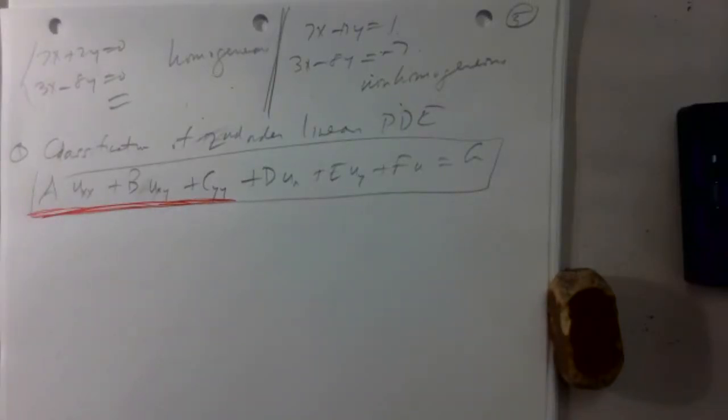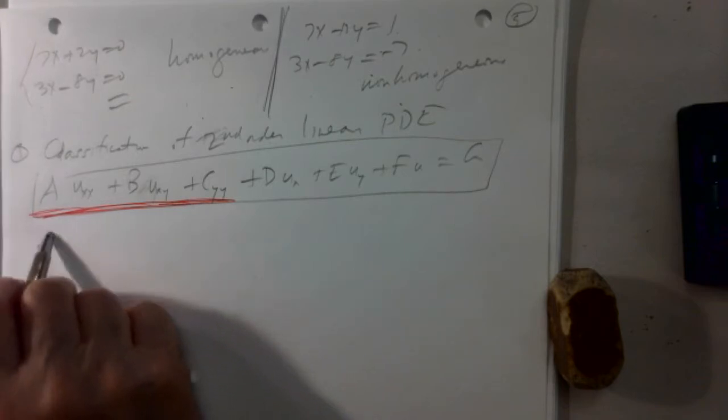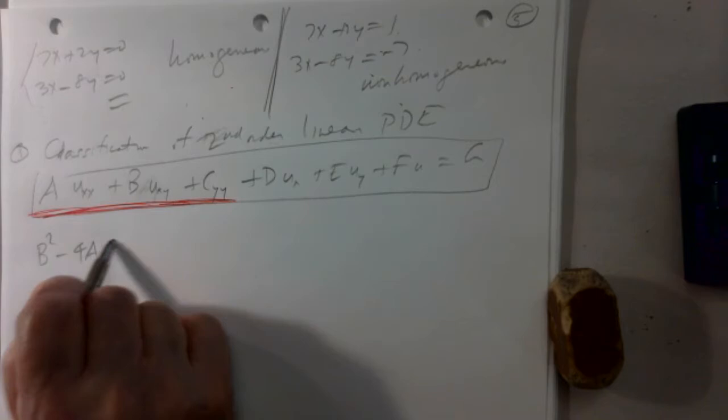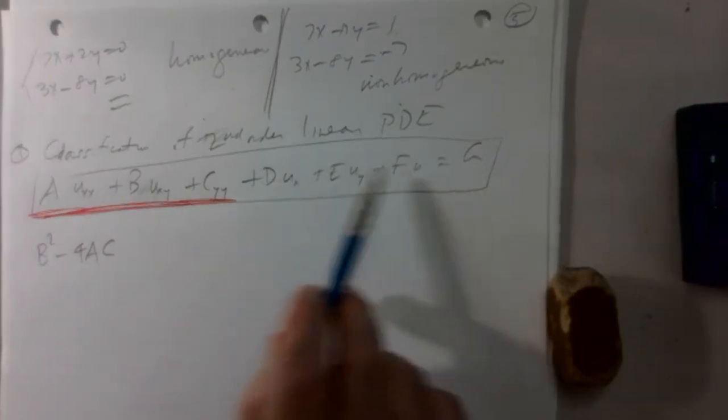Now, this is going to be related to what you learned in elementary school or high school or somewhere when you solved a quadratic equation. If you had a quadratic equation, ax squared plus bx plus c equals 0, you looked at what's called the discriminant, b squared minus 4ac. And that's what we look at here. Forget the other terms for the moment.